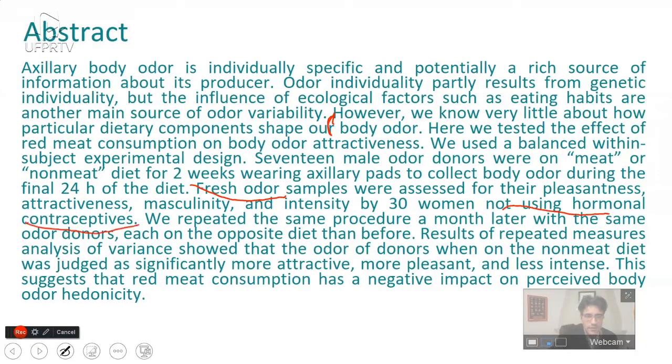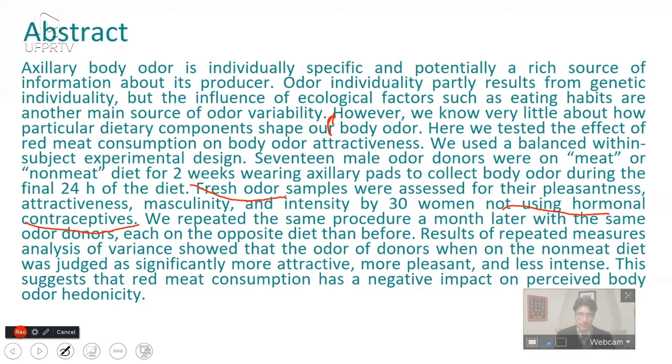So this is all in there to talk about those possible confounding factors. And those are already mentioned in there, that the odor samples were fresh, that they were collected within 24 hours, that the hormones did not affect the smell or perception of the smell, and then they did a time 2 where they repeated the same procedure.